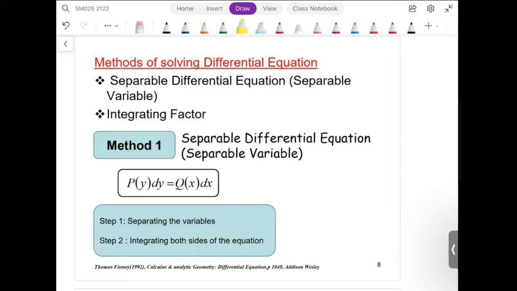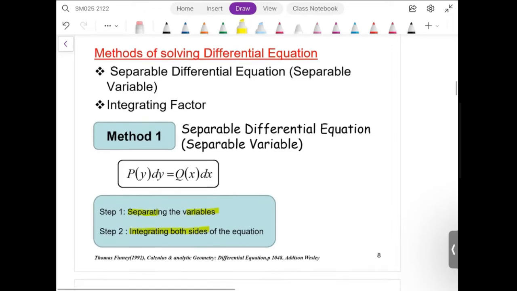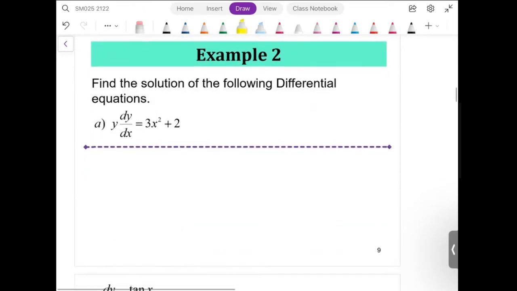Separable variable means first step we have to separate the variable, asingkan variable. Variable akan ada pelbagai, ikutlah soalan tu huruf apa yang keluar. And then second step, integrate both side, then we settle. Itu je step dia, senang konsep dia. Separate, lepas tu integrate. Kita terus proceed kepada example ya.